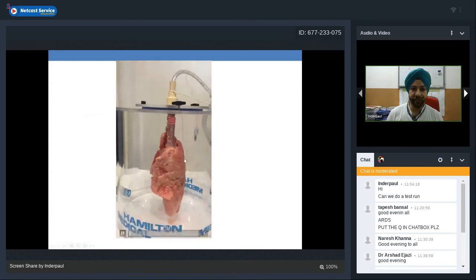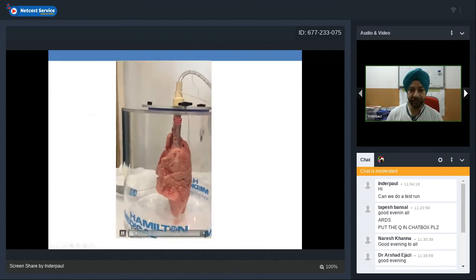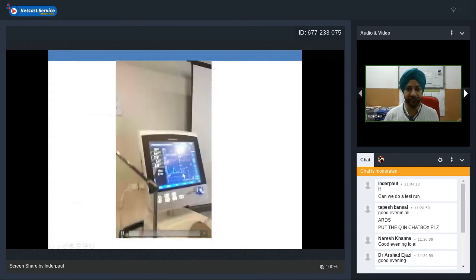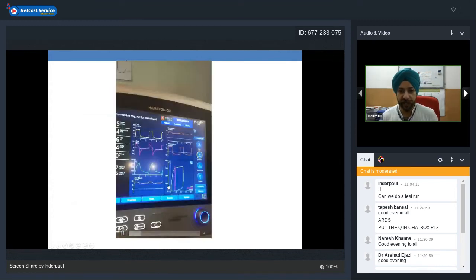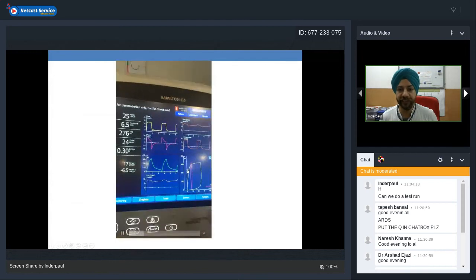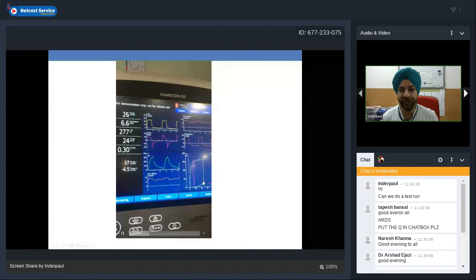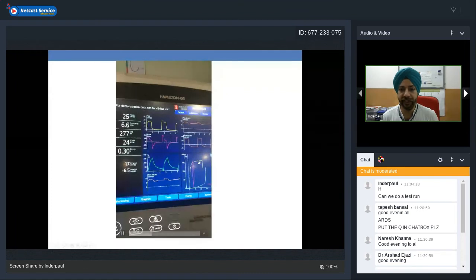So the same goat lung model of ARDS, it is ventilating, and we are using the esophageal catheter in this patient. I told you that the pink reading is the esophageal pressure monitoring, and this is the alveolar pressures.